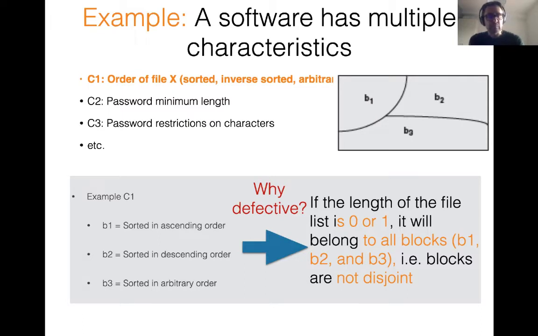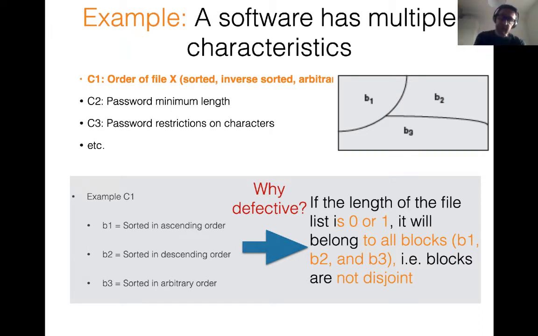If we take only C1, the characteristic 1 here, we have 3 different ways that the file can be ordered, but we can see here that they do not make for a mathematical partition. So, for example, B1 is sorted in ascending order from high to low, and B2 would be sorting in the opposite, inverse order from low to high.